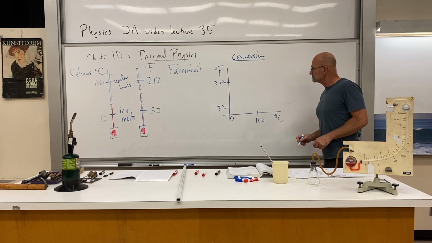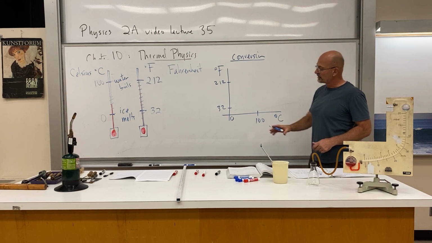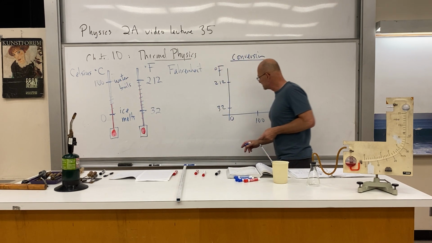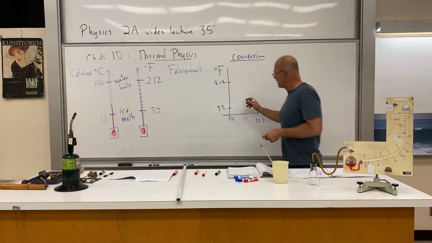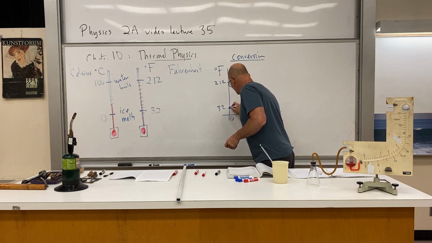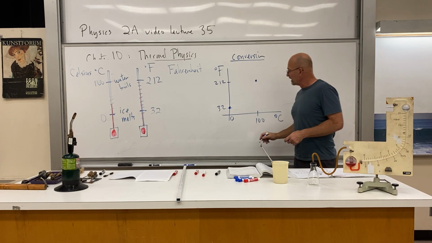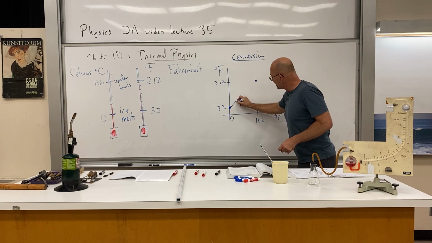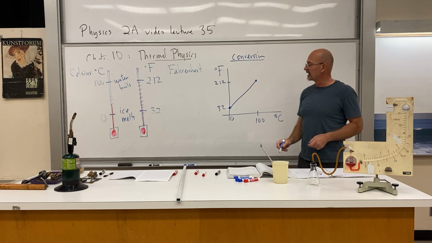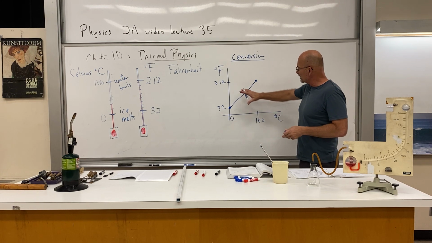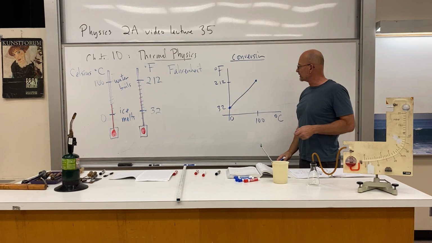Okay. But both thermometers are the same. The scales are just different names. So we have this point here and this point here, and these will be connected by a line. Okay. It's just a linear conversion between the one or the other.